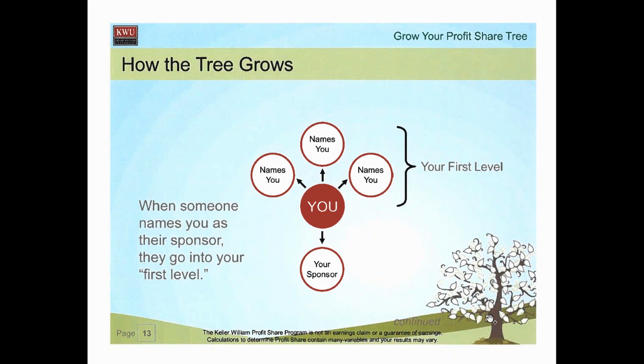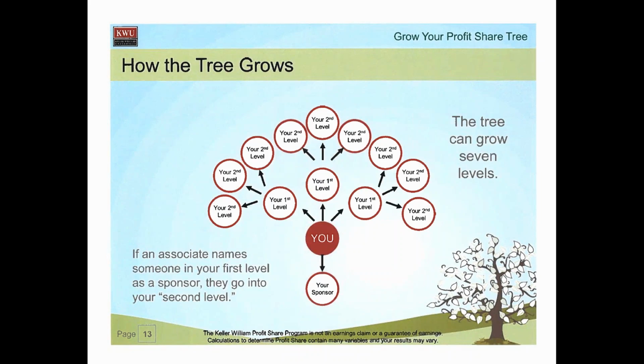So what you want to do is focus on your first level, because you don't know who's above you. So you want to focus on growing your downline, focus on your first level. And then you can help your people that are in their level 1 focus on their level 1.